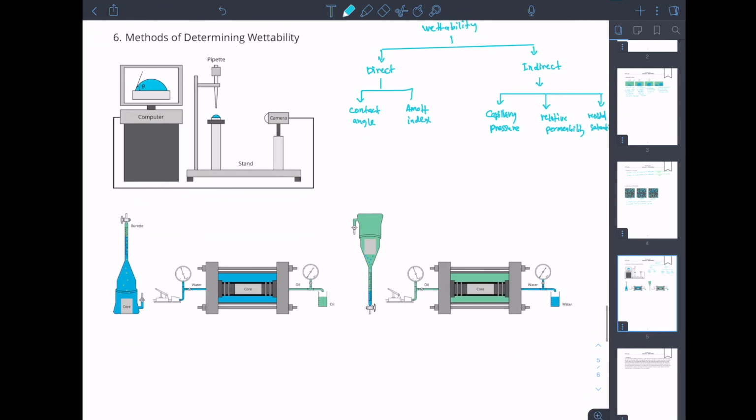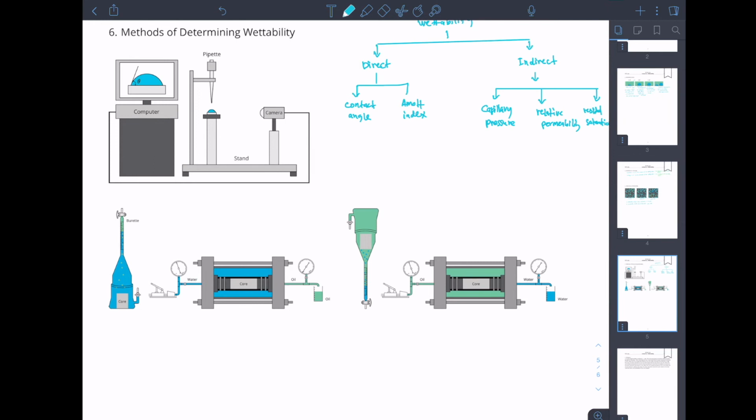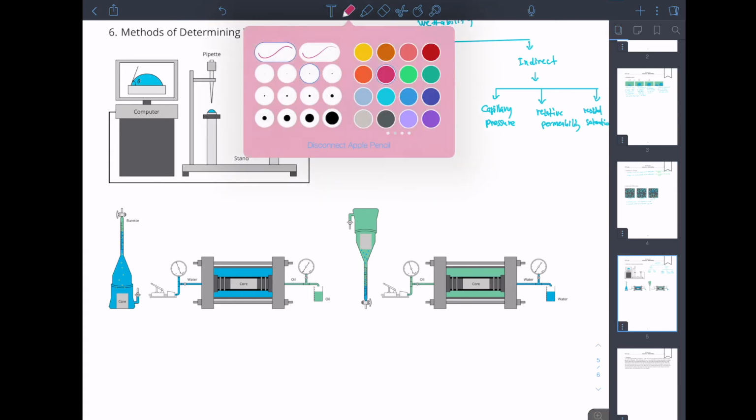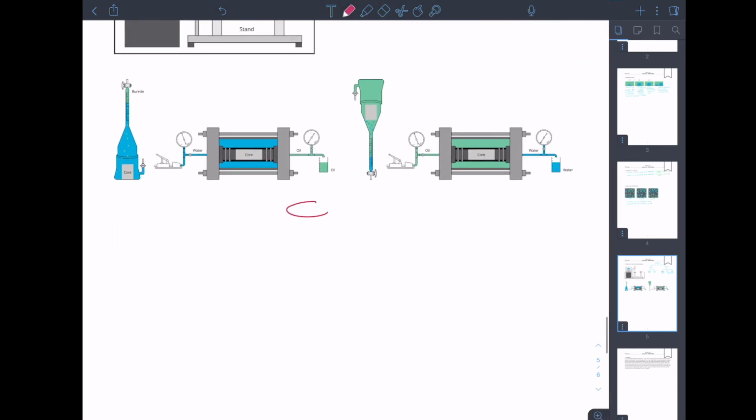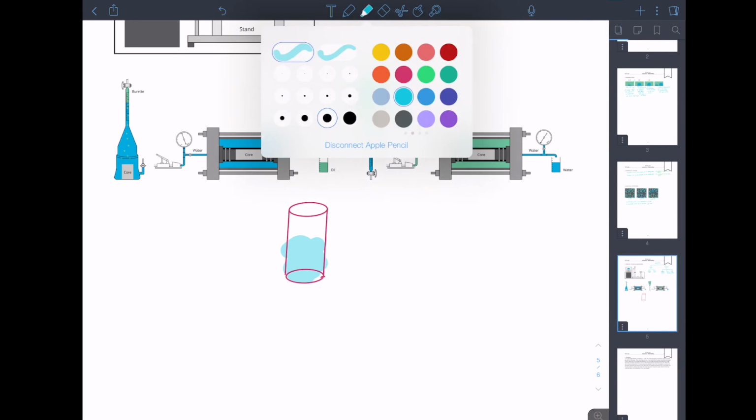The second method, which is the Amott index, is actually a qualitative test to find the wettability. So what actually happens is the following. Imagine that we have a rock sample, and this rock sample initially has water and oil.